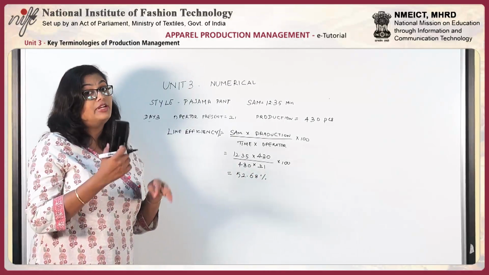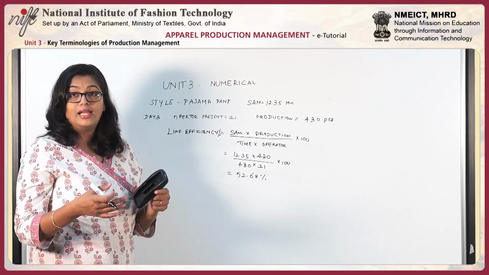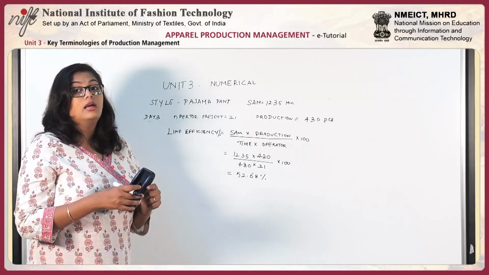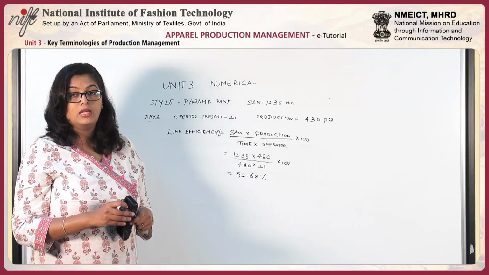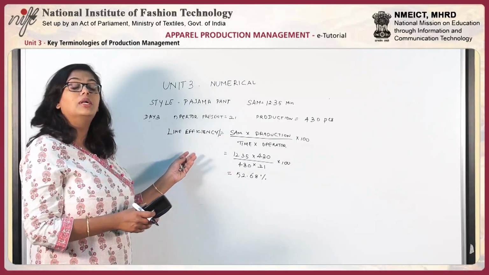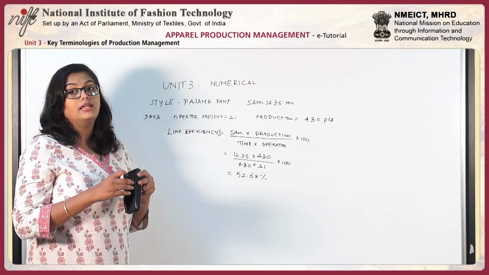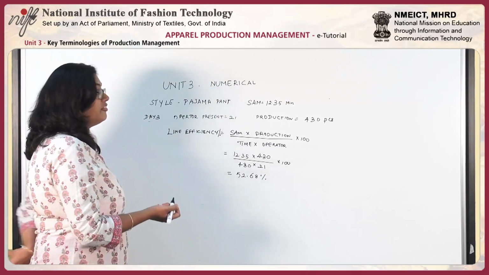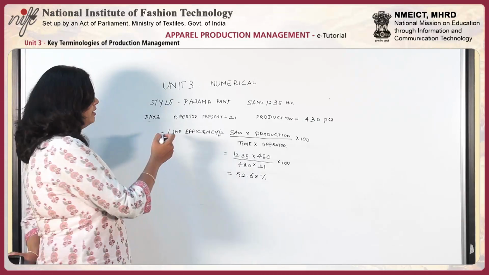So, in case of genuine issues running in the line due to which the production drops down, on standard efficiency gives us a better picture. Whenever we talk about line efficiency, we should always mention the on standard efficiency as well. Alright. So, the formula for on standard efficiency, hold on, I am going to change right here.